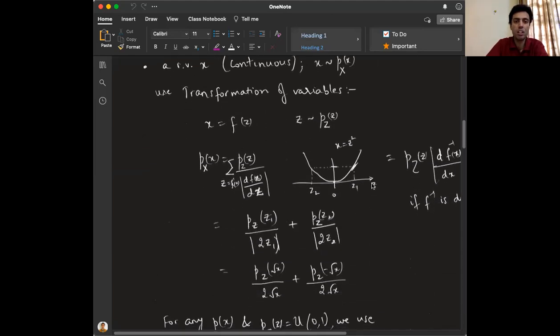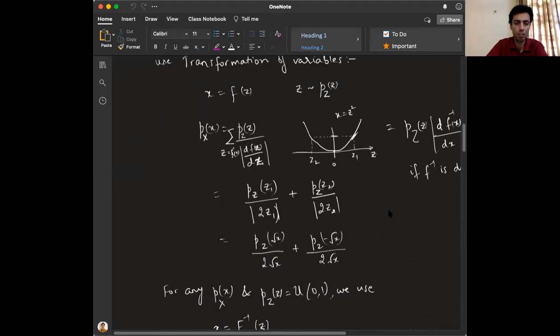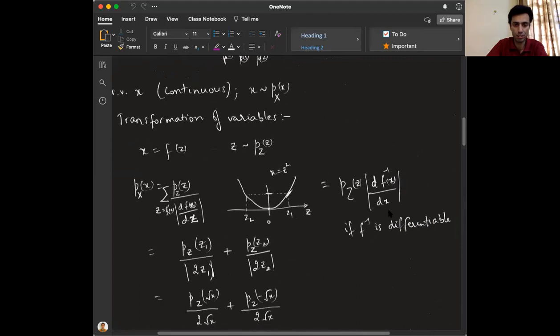And then we saw transformation of variables, which is very useful when X is a continuous random variable. And it's a very simple formula. Where is the formula? This one or this one? These two.